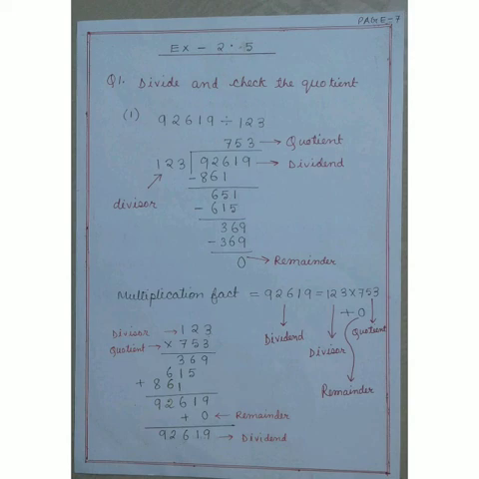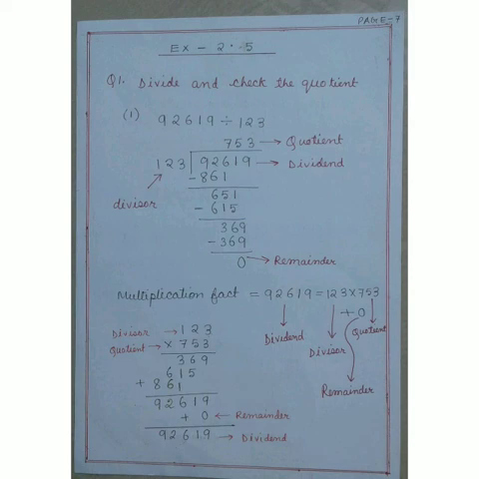So the remainder is 0. Now the multiplication fact: we have to show that dividend is equal to divisor into quotient plus remainder. What result have we got? In the sum we have got quotient as 753 and remainder as 0.